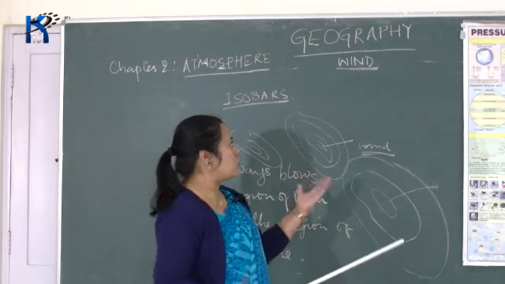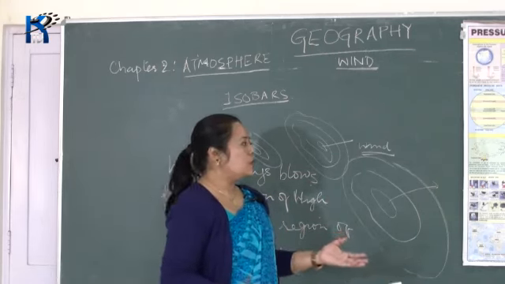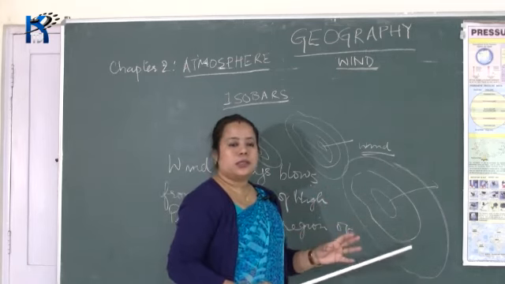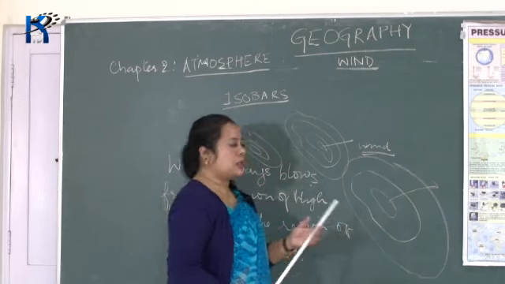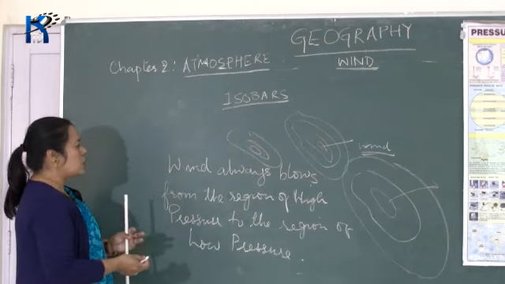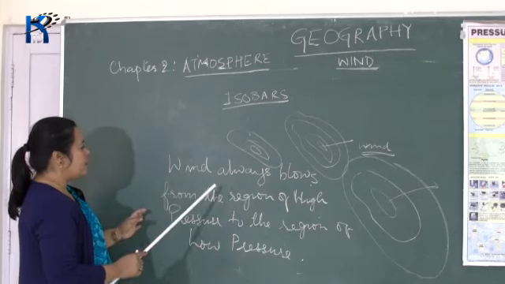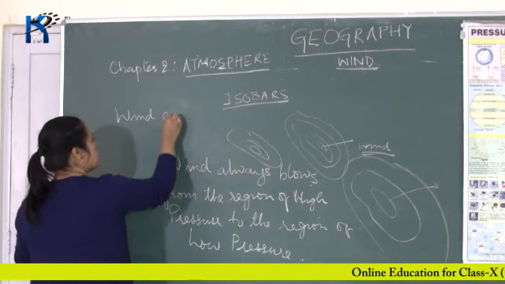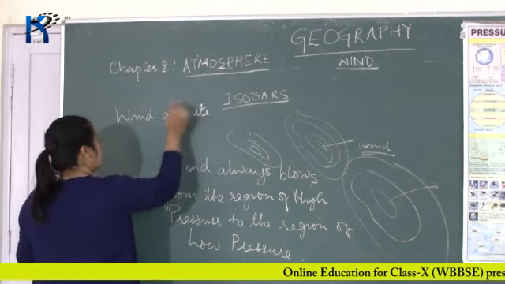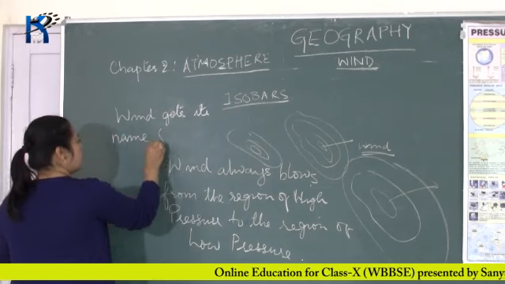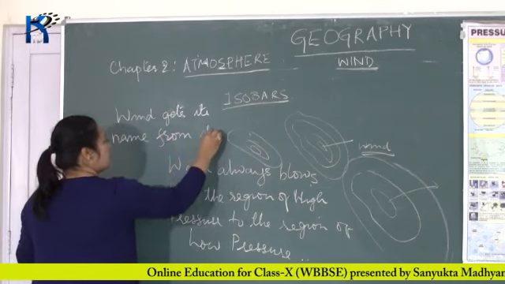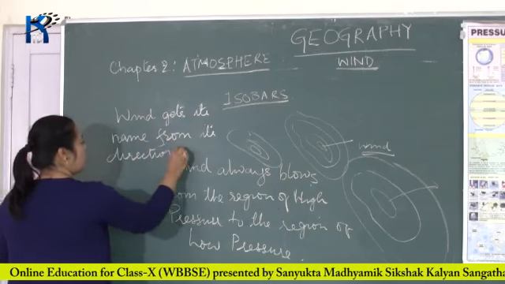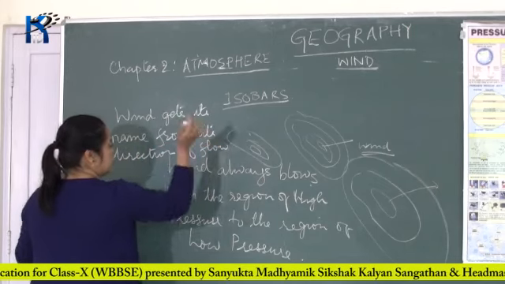Before going to the different types of winds, we have to learn some important terms about wind. One important thing is that wind always blows from high pressure to low pressure. Another important thing is that wind gets its name from its direction of flow, from where it is coming.